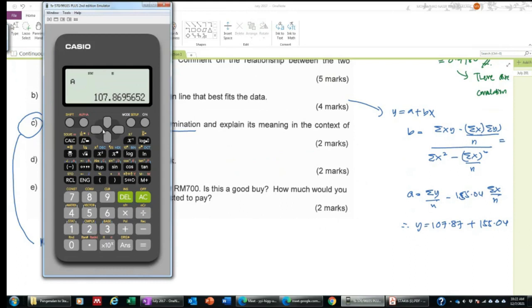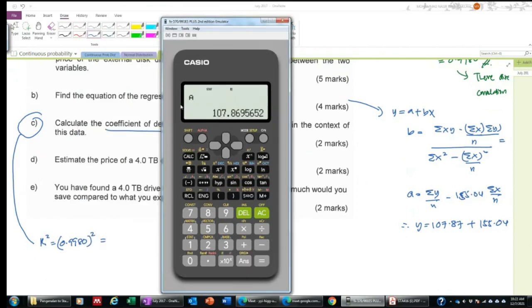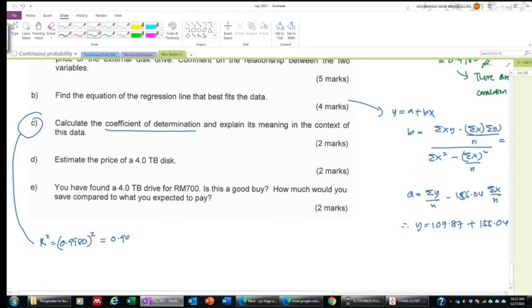Should be equal to how much? Do they give it here? We don't have it, so we need to calculate. So 0.9980 power of 2 equals 0.9960, which is equal to 99.60%. So what does it mean?